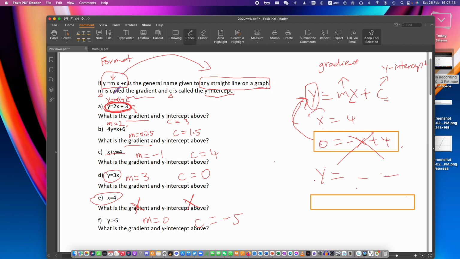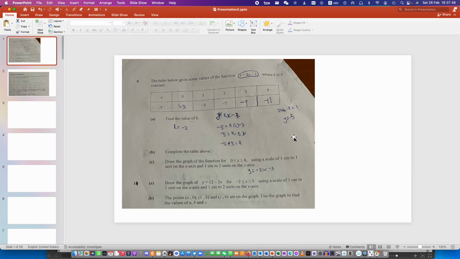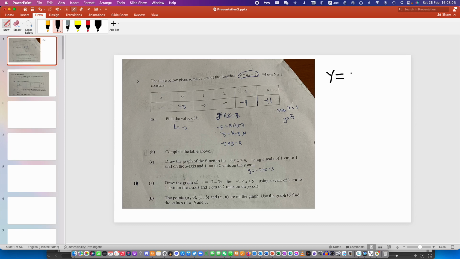Okay, so now your question here is this. Can you see? Y equals kx minus 3. So what is the format? Y equals kx minus 3 is the question.